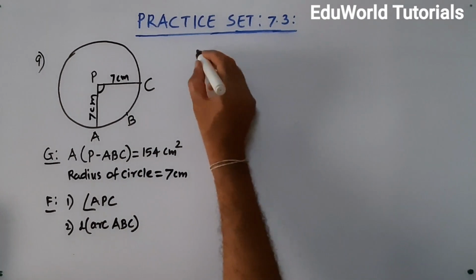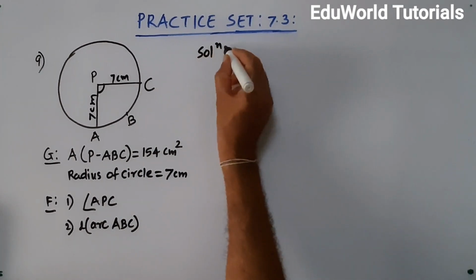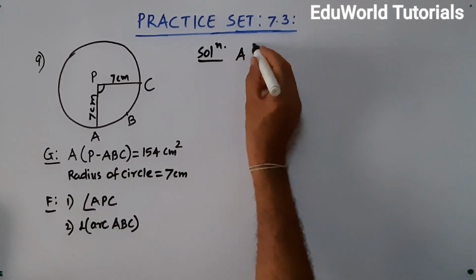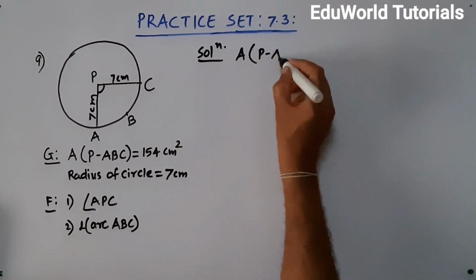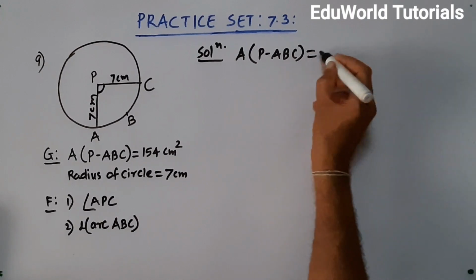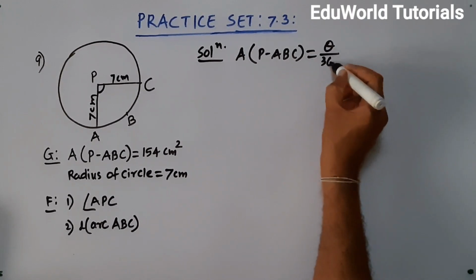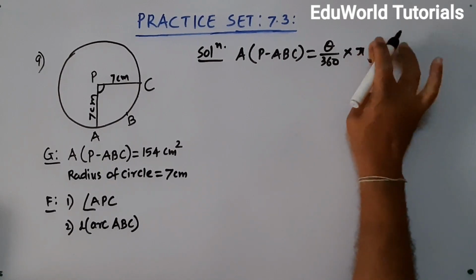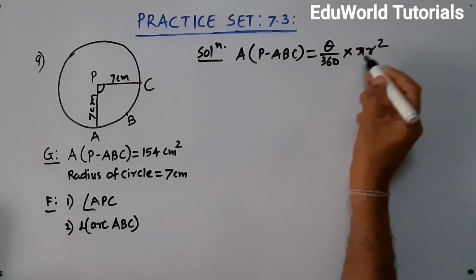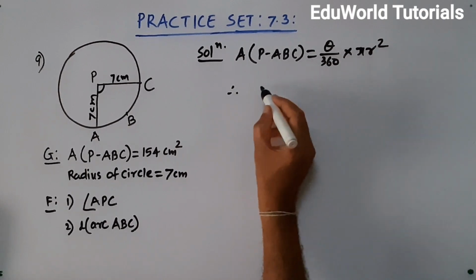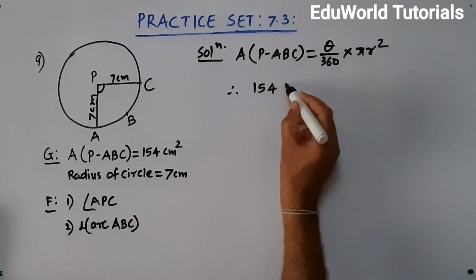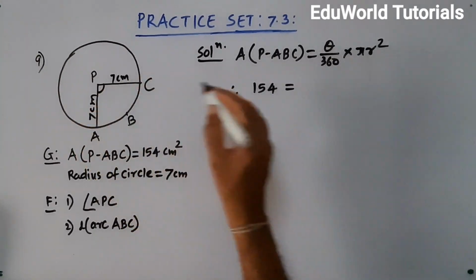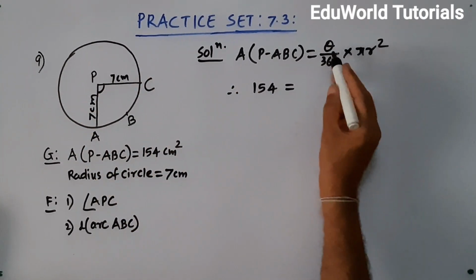Okay, students. So in the solution, what will we write? We are given the area of the sector. So better we write area of sector P-ABC. What is the area of sector? Theta upon 360 into pi r square. Okay, this is the formula. Now area of sector is given 154. 154 is equal to theta, that is this angle we have to find, which is nothing but the measure of this arc, not the length of the arc, but measure of the arc.